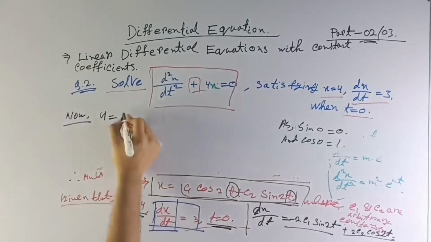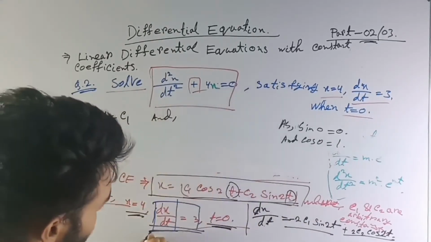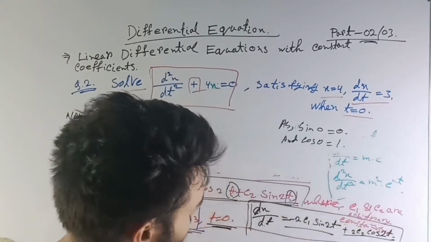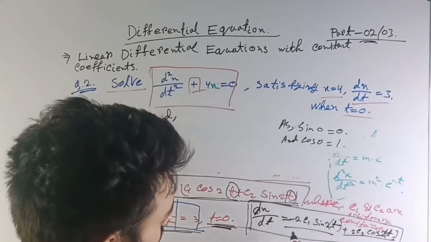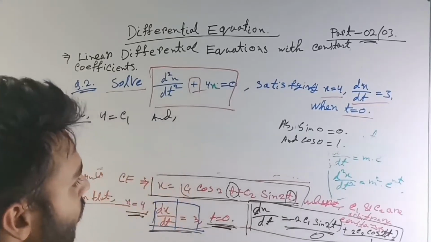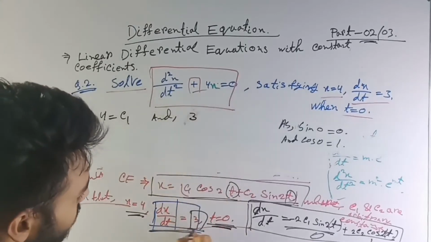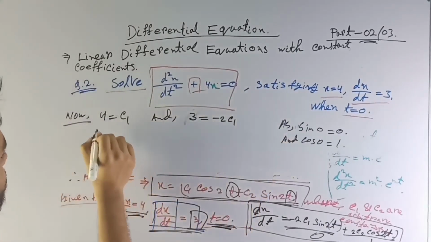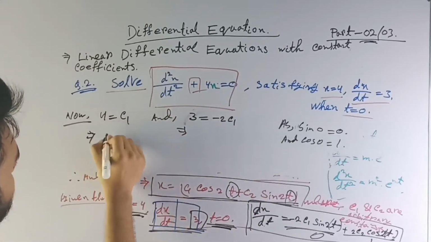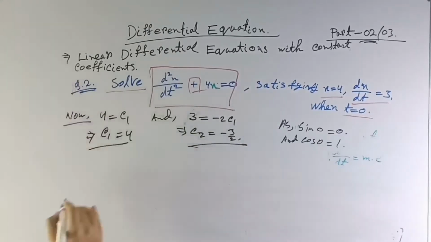Therefore the c1 term gives 4, and 3 = 2c2. So c1 = 4 and c2 = 3/2.